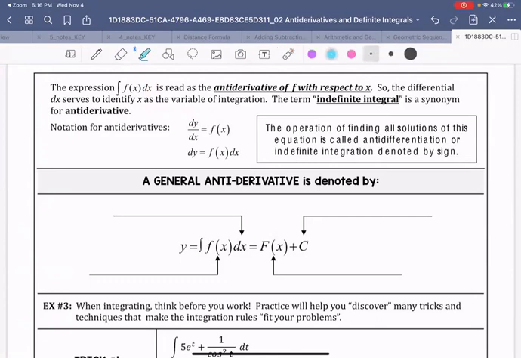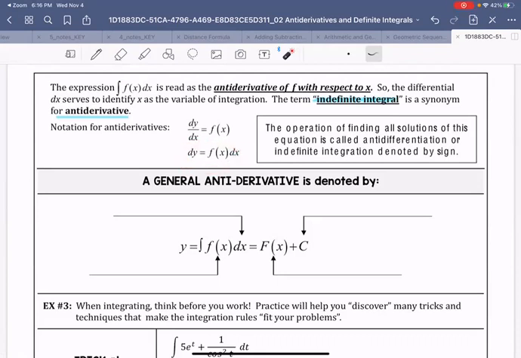Next, the other term. You might see, wow, this is like a new language class. You see so many different terminologies every day. This is called the antiderivative. This is also called an indefinite integral, okay?